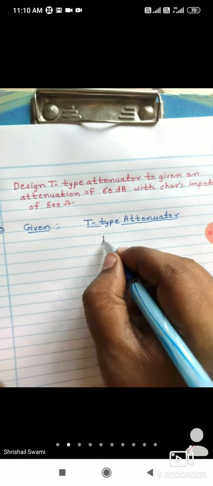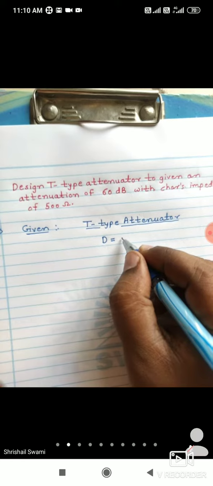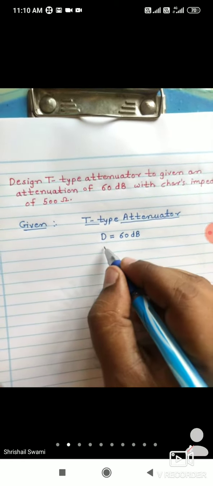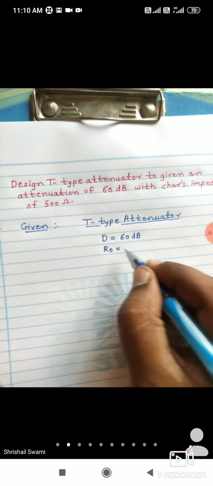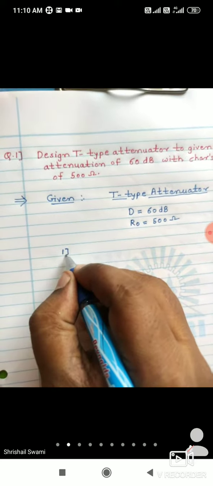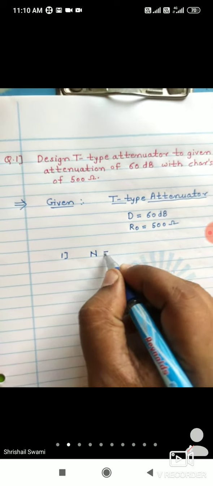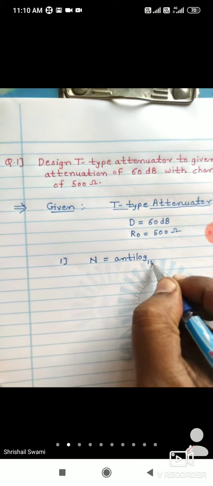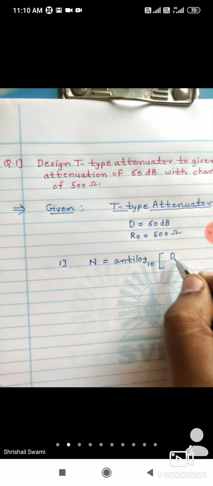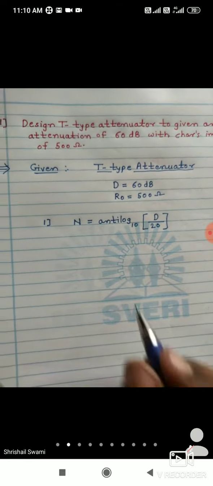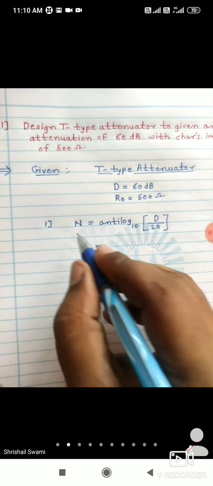Next, capital D is given, that is 60 dB, and the characteristic impedance is given, that is R0 is equal to 500 ohm. So first formula will be to calculate the value of N. N is equal to antilog of base 10, in bracket D divided by 20. So put the value of D and tell the answer of N.